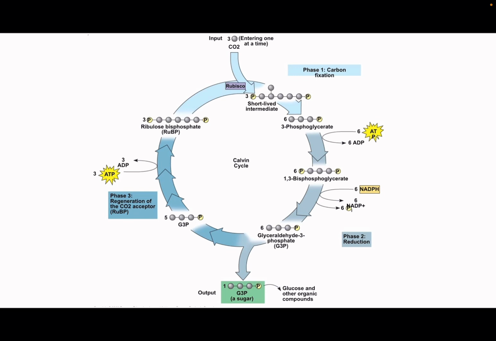In the final step, RuBP is regenerated. For every 3 turns of the cycle, G3P is used to reform 3 molecules of RuBP. It takes 2 molecules of glyceraldehyde 3-phosphate to make 1 molecule of glucose phosphate. Therefore, the Calvin cycle has to run 6 times to produce 1 molecule of glucose.